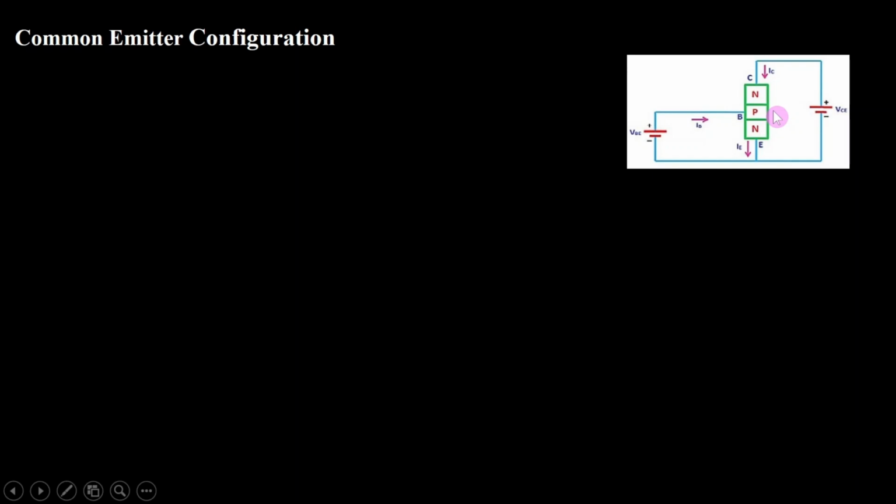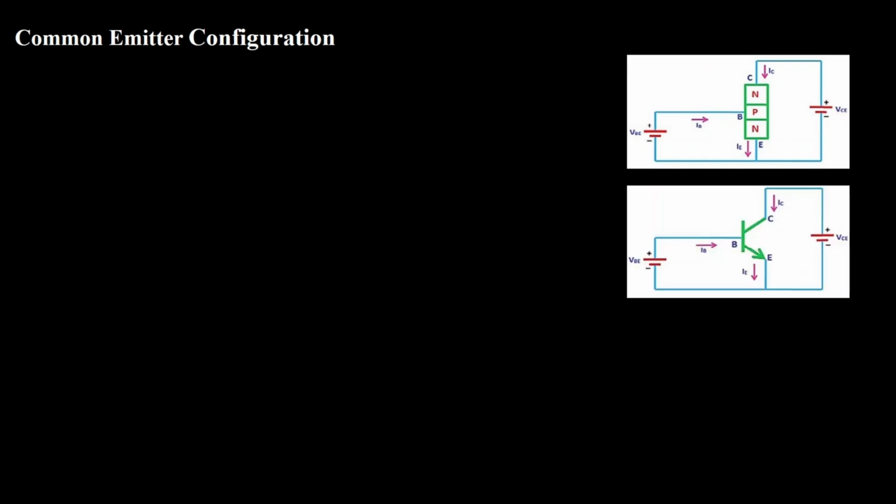So this configuration is called the common emitter configuration in the transistor. This is the circuit diagram for that. Here we have the symbol for the transistor, and the emitter is common between these two.